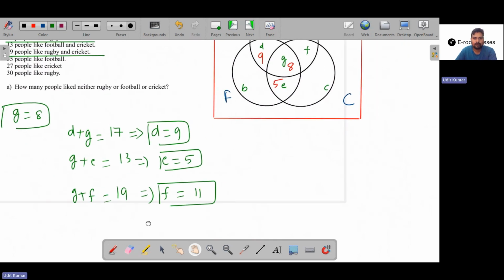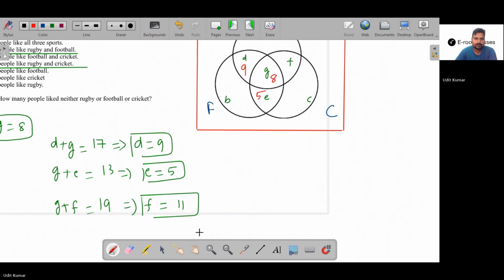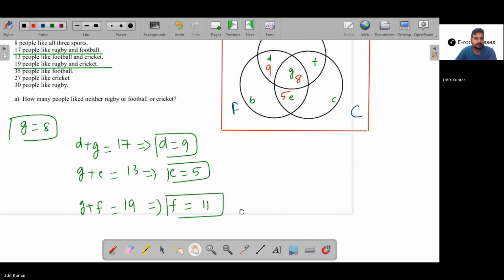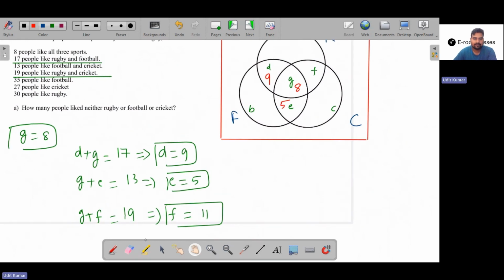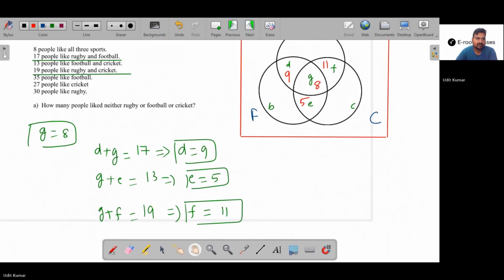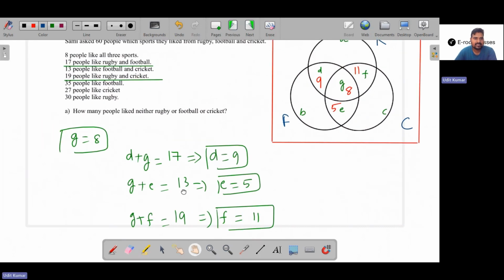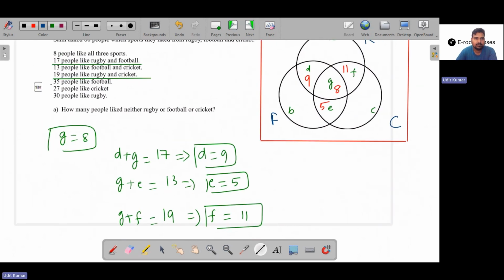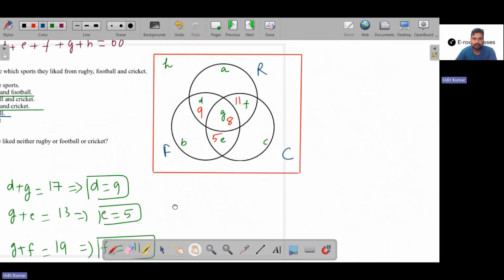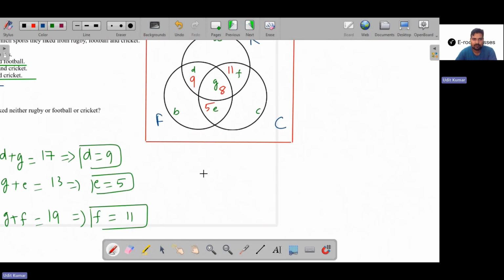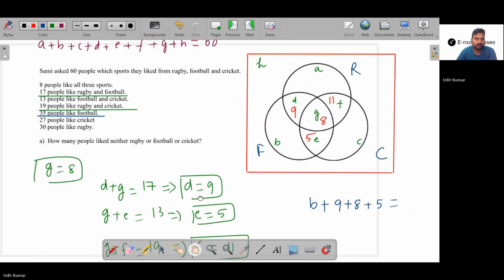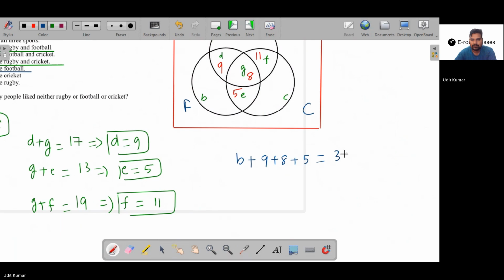Then it says 35 people like football. So 35 people like football. That means B plus 9 plus 8 plus 5 should be equal to 35, right?